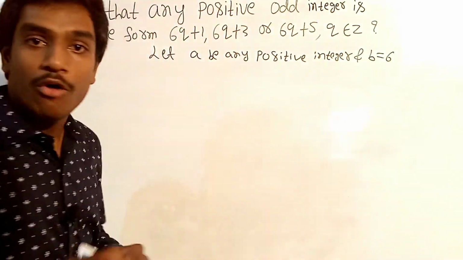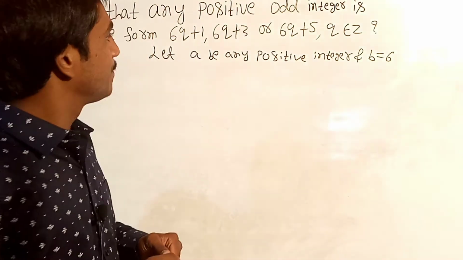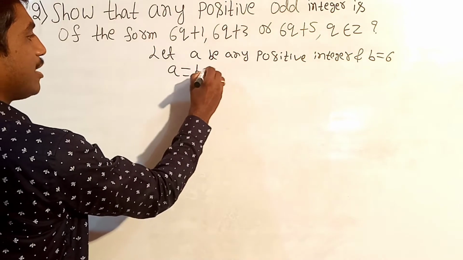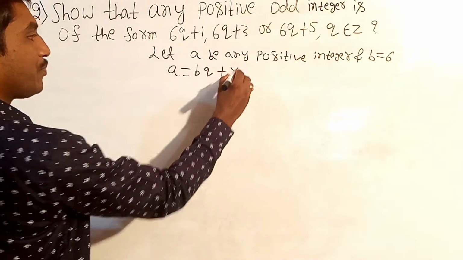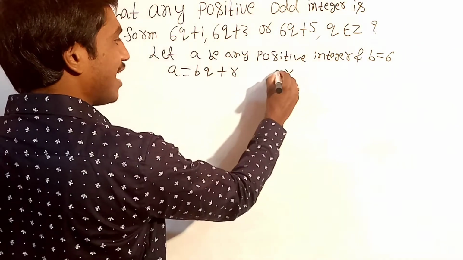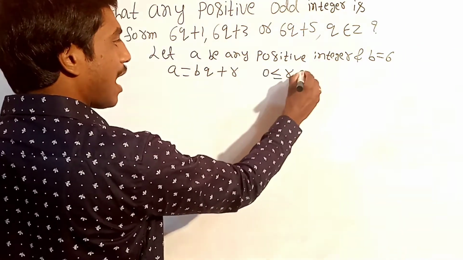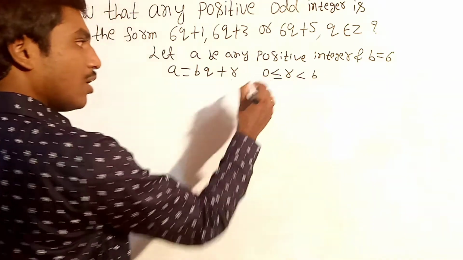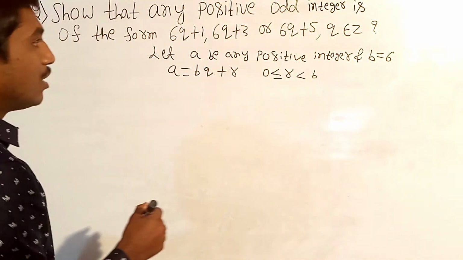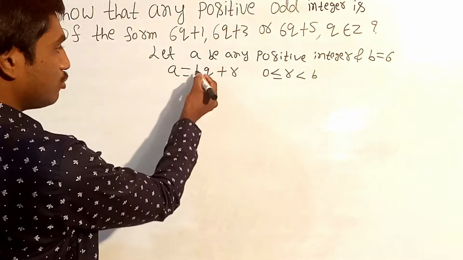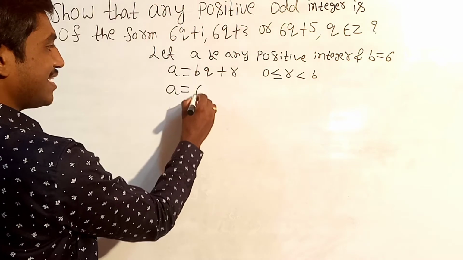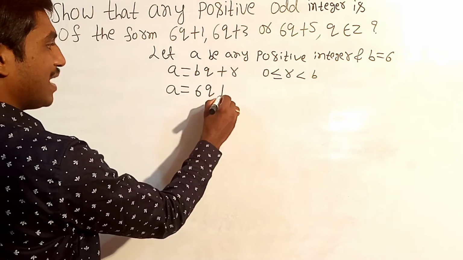I will tell you why I have taken 6. Here r lies between 0 and b, it starts from 0 and it is less than b. Now if you substitute b equal to 6 in this equation, we will get a is equal to 6q plus r.